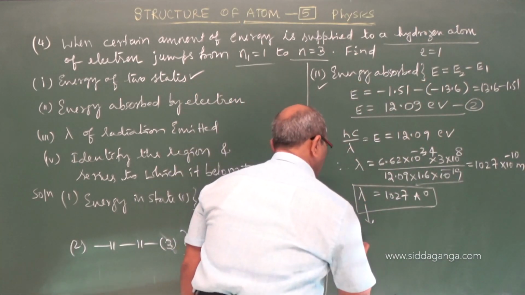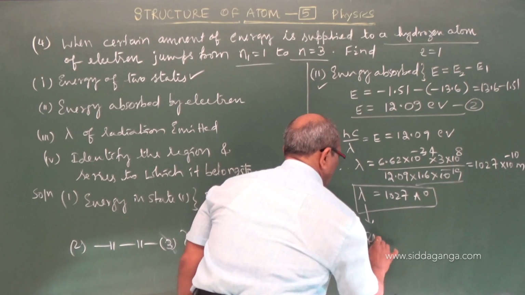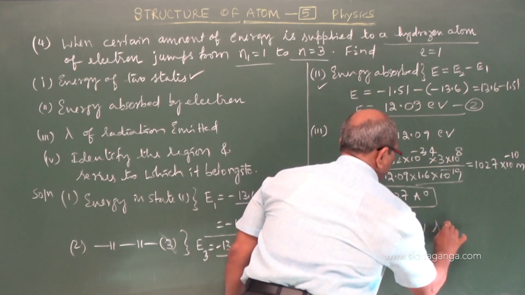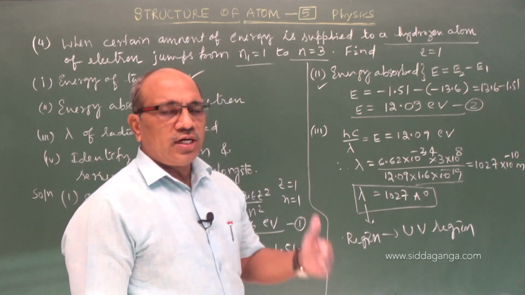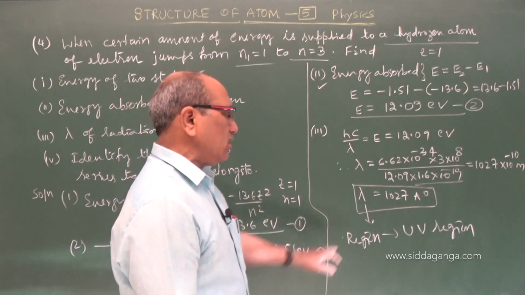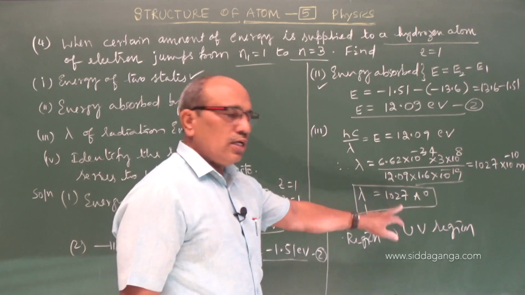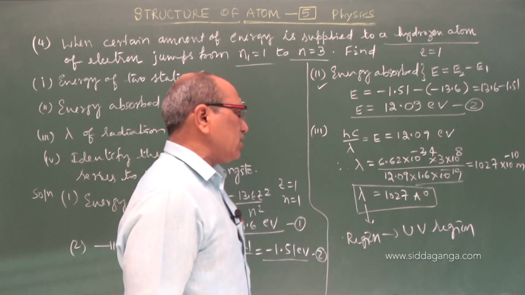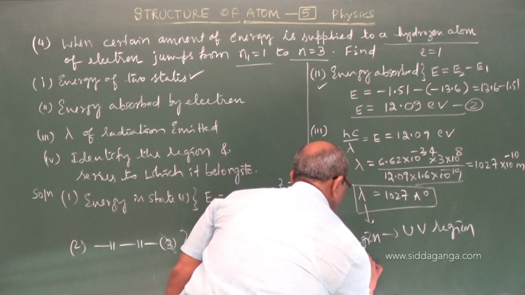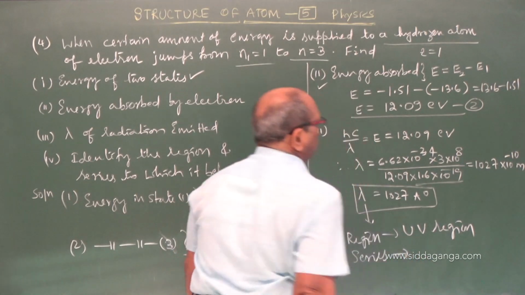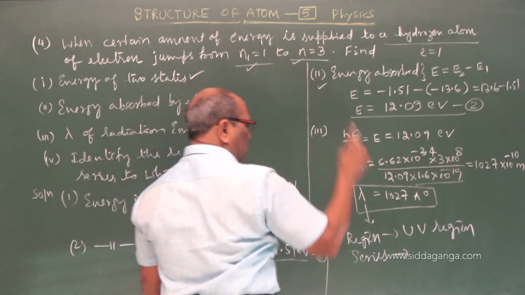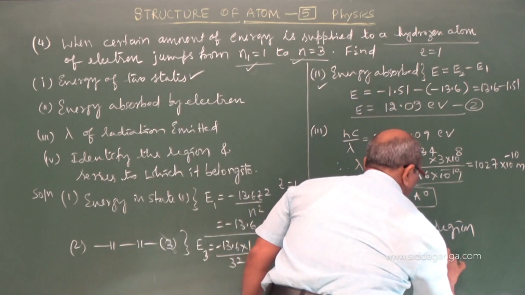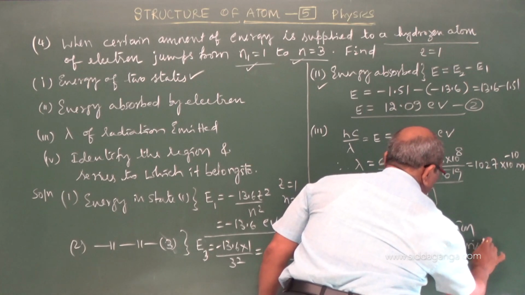This suggests the region is ultraviolet. Because 1027 falls between 100 angstrom and 4000 angstrom, the electromagnetic region fixed is the UV region. The series is already in the UV region, or n is 1, the limiting number is 1, therefore it is the Lyman series.